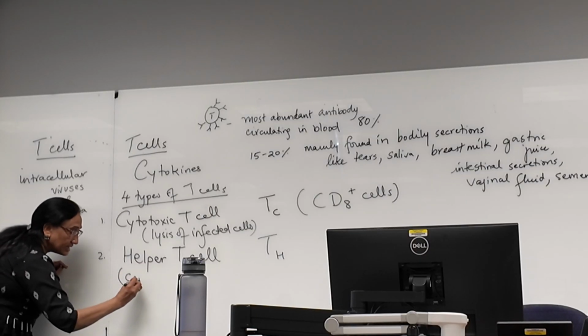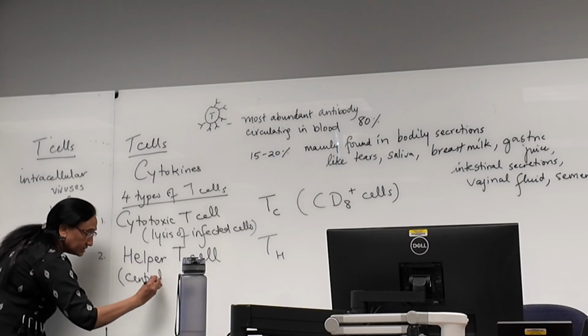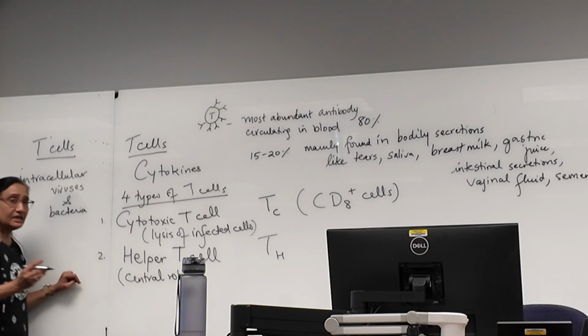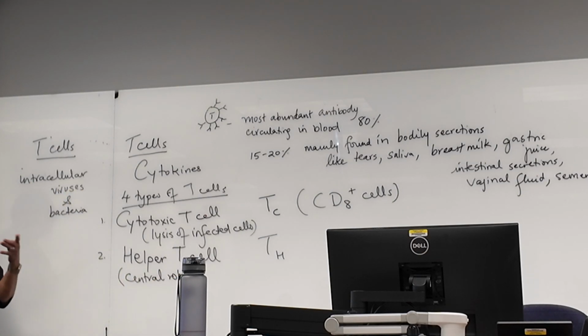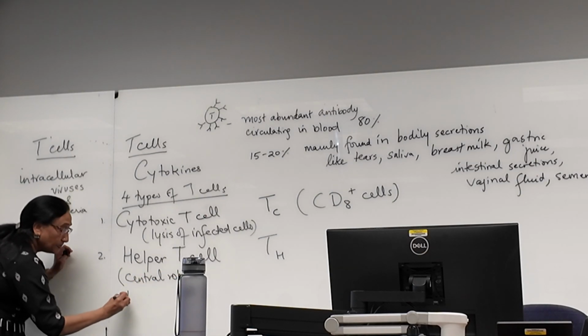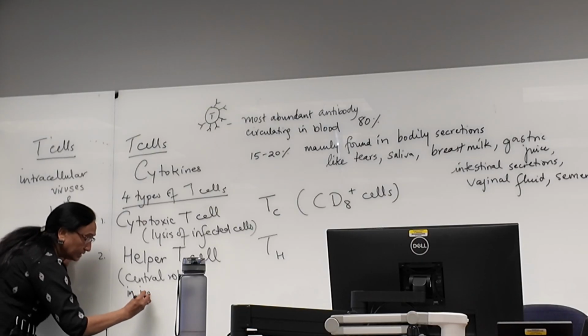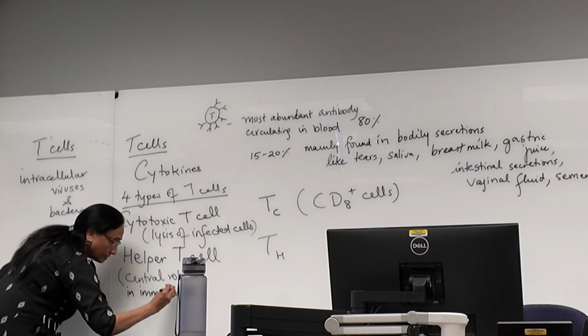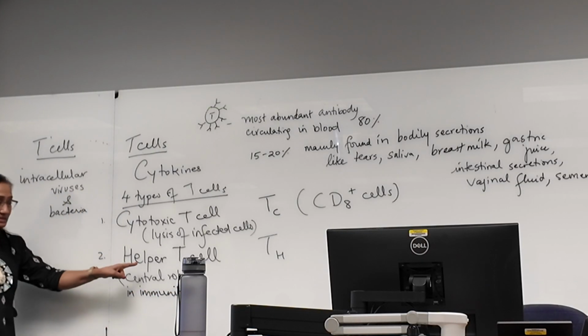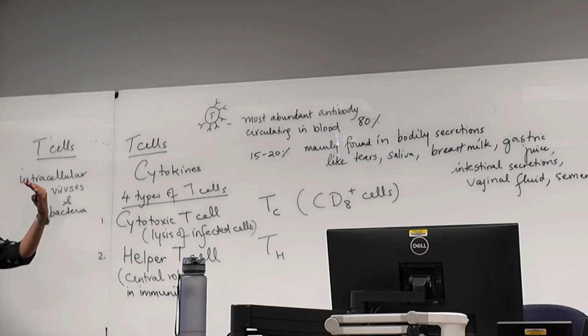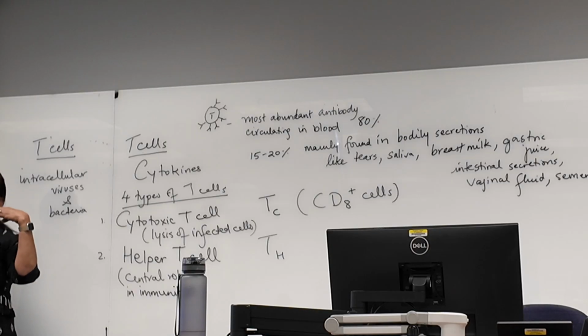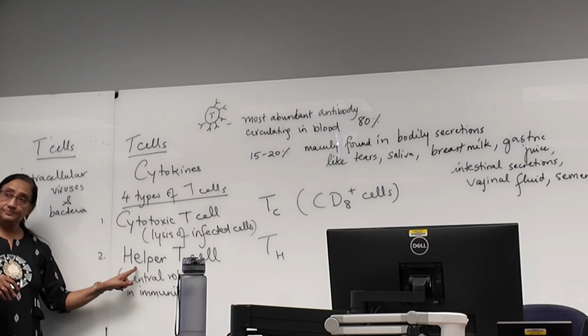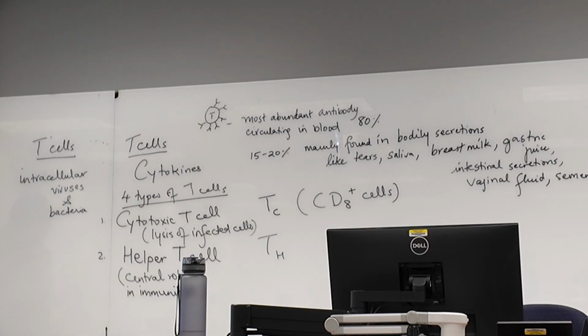They play a central role in immunity. As the name indicates, they are basically helping immunity, but they play a very central role. So this is the cell that will connect antibody-mediated immunity and cellular immunity. It connects the 2 arms. This one, helper T cell.